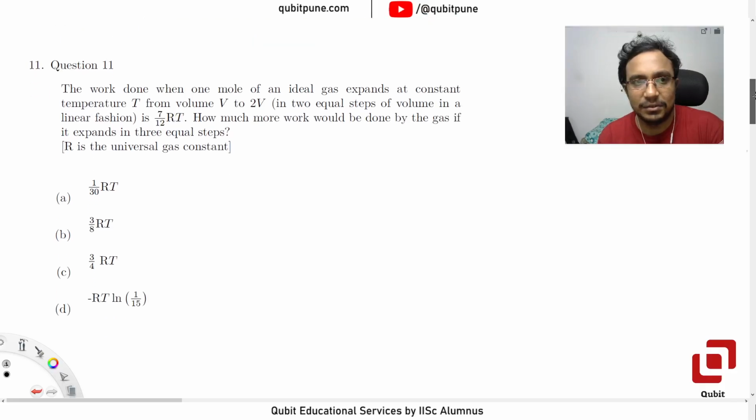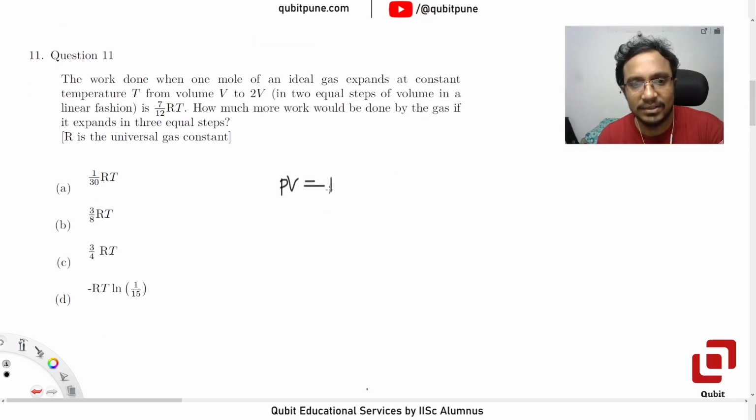Ideal gas is there, so we can definitely apply the ideal gas equation there. PV equal to RT, 1 mole, at constant temperature.